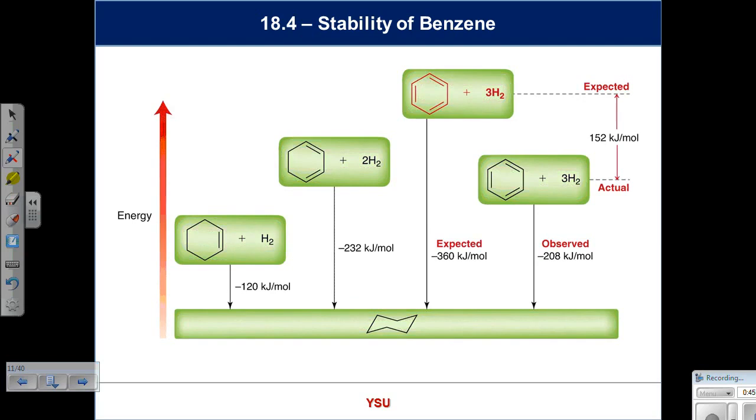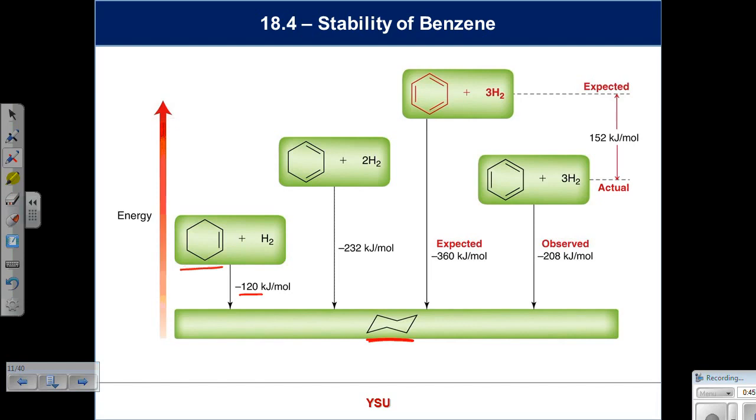This picture is very similar to what we talked about with butadiene. All you're doing here is setting up experiments side by side in which you have one alkene, cyclohexene. And if you add one molecule of hydrogen and you get to cyclohexane, you can measure the energy released, 120 kilojoules per mole.